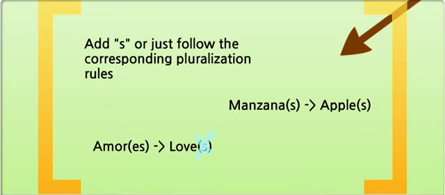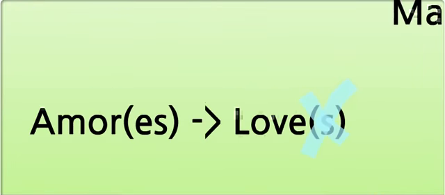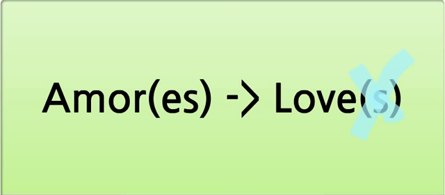We have to know the general rule, without going deep into specific rules, that just by adding an s we have the plural of nouns. For instance, manzana and apple are the singulars, and then we have manzanas and apples as their plural. That is okay, but here is where uncountable and countable nouns come in.